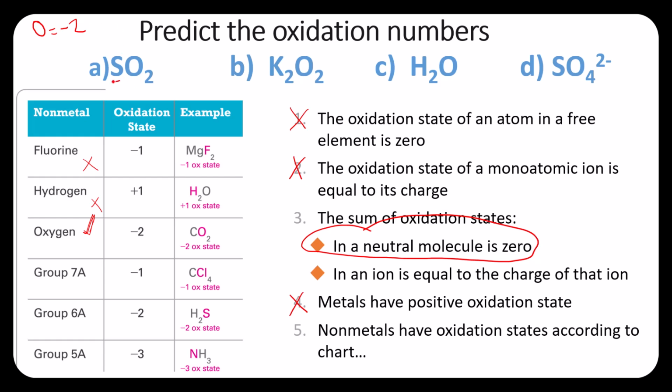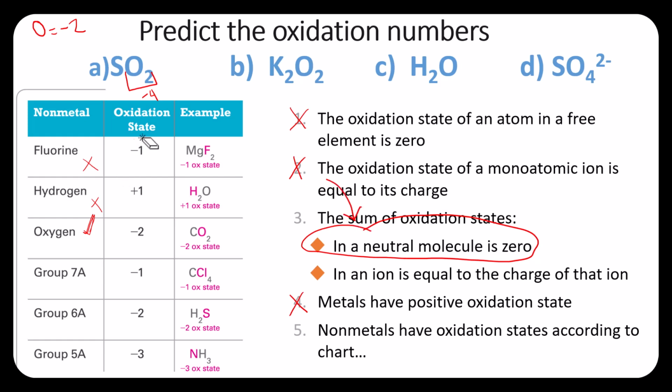And now we have to assign the oxidation state for sulfur. So each of the oxygens is a -2. There's 2 oxygens. So total to the table, this part of the molecule brings a -4, right? Each of the oxygens is a -2, and there's 2 of them. So now that we have assigned the oxidation state for oxygen, now we go back to this rule.